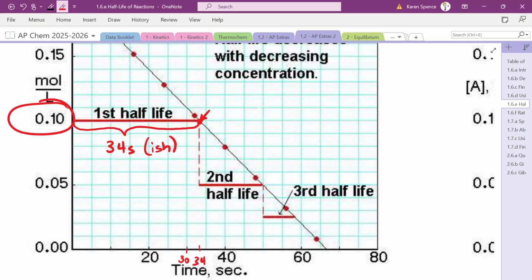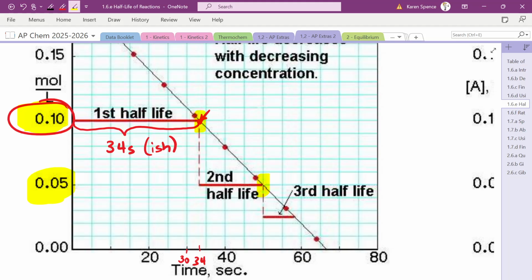Our second half-life, is it as long as the first half-life? To go from 0.1 now to half of that, which is 0.05. So we're going from here to here. Is that the same amount of time? No, it is less.